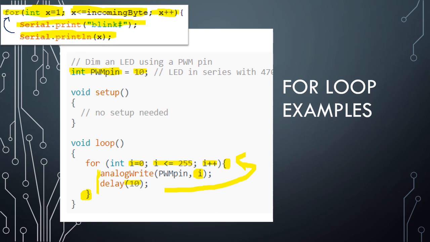We can use it to control LEDs. In the first example up at the top left, we're using it to control what numbers we're printing. There's a lot of different uses for these. Anytime you find a repetitive action is needed, check and see if a for loop is applicable. If there's some condition that you're checking for, then a for loop is probably a good loop to be using.